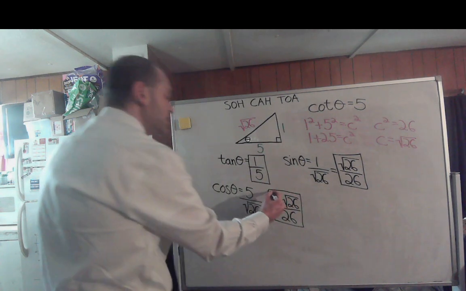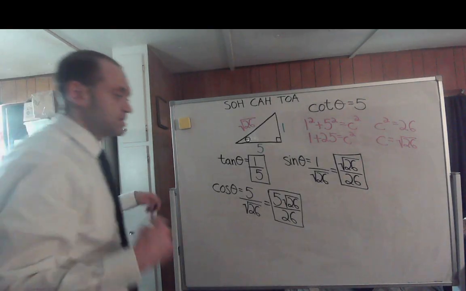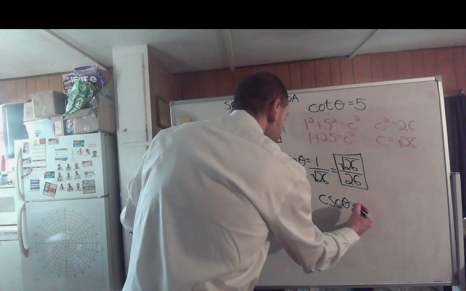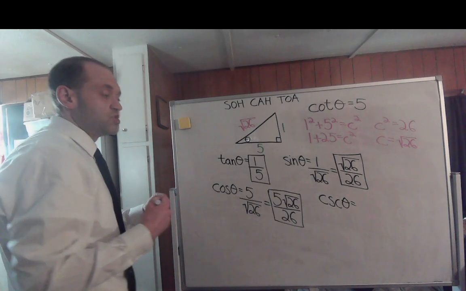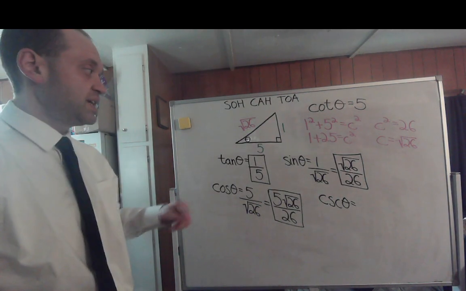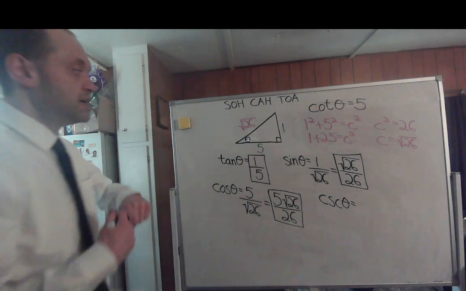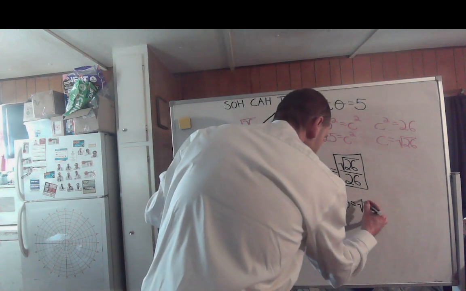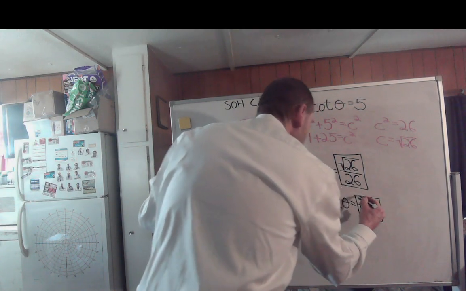So all that's left now are going to be your cosecant and secant functions. So let's take the cosecant of theta. And since we have a radical in the numerator, it might be easier to just use the idea that the cosecant of the angle is the hypotenuse over the opposite side. So you would get the square root of 26 over 1, or simply just the square root of 26. That might be the easiest way to do that one.